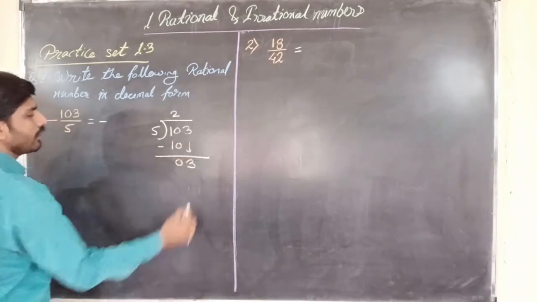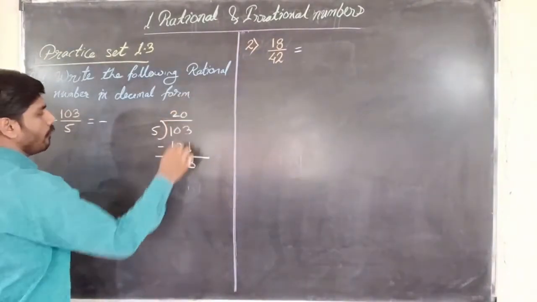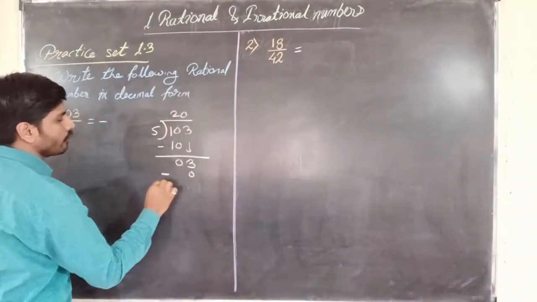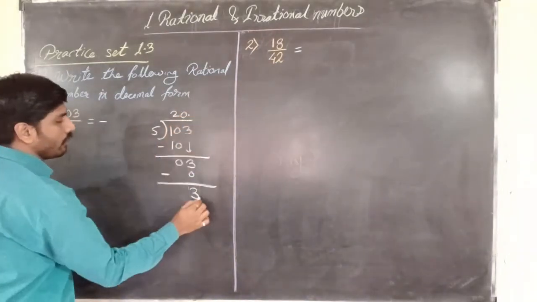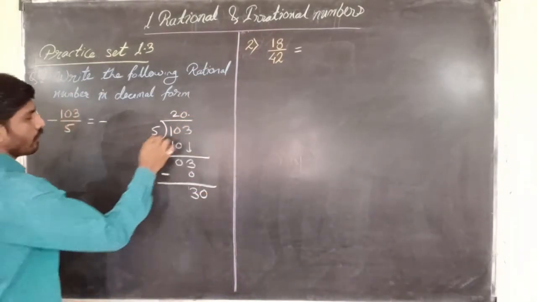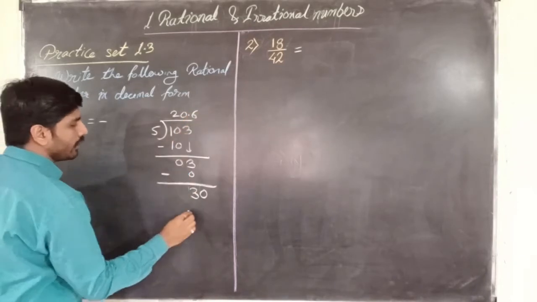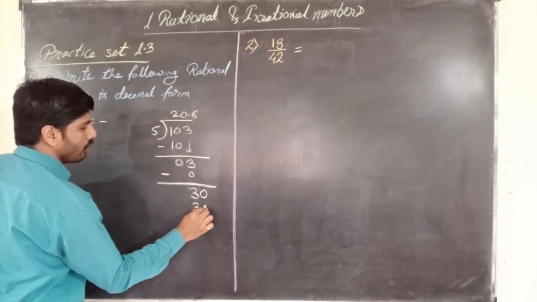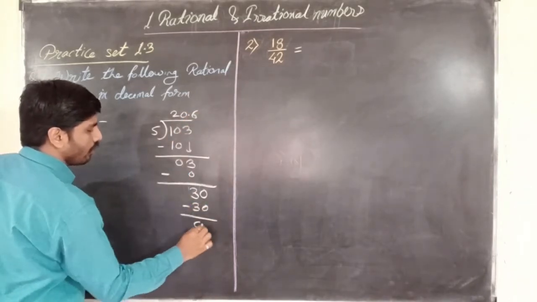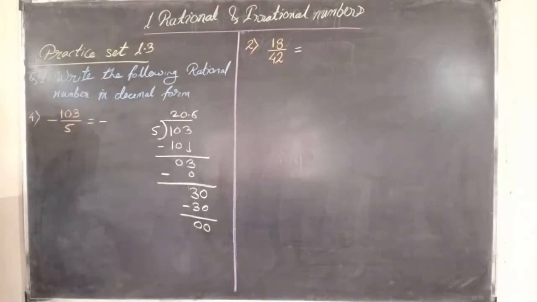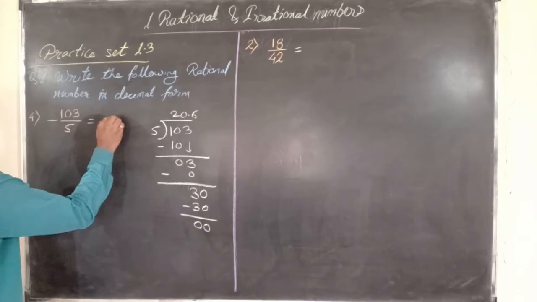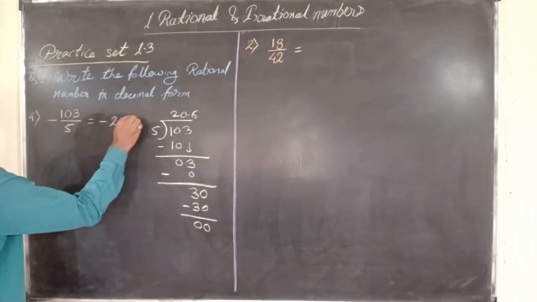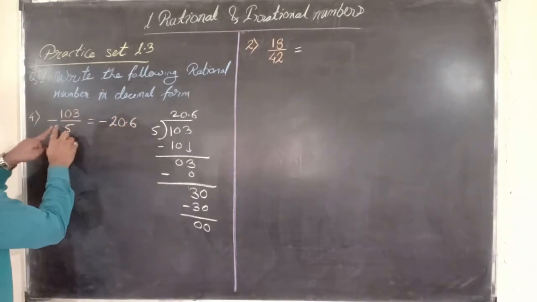We will take 3 as it is, 5 zeros are 0. We will take decimal point and this will become 30. 5 sixes are 30 and remainder is 0. So we'll write this division as 20.6 and we'll keep this negative sign as it is.